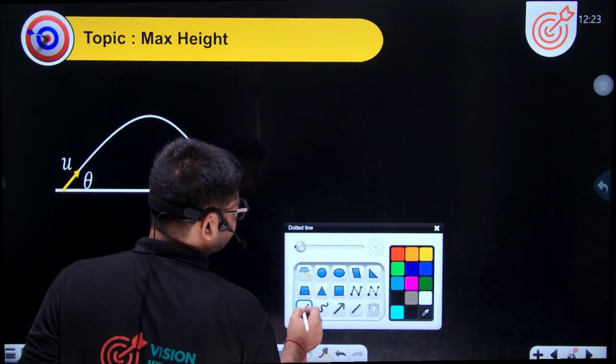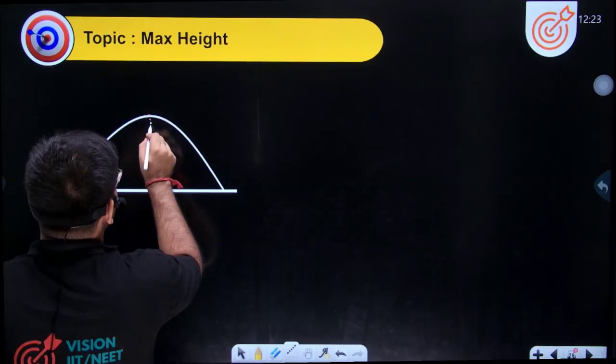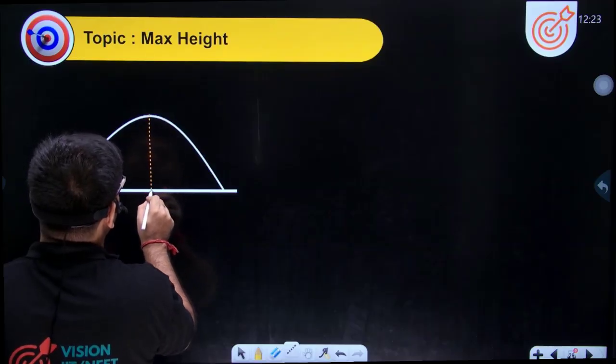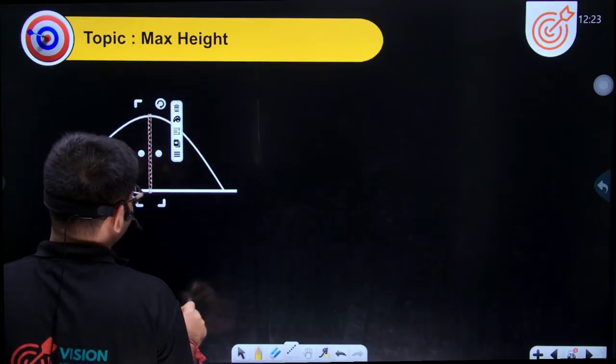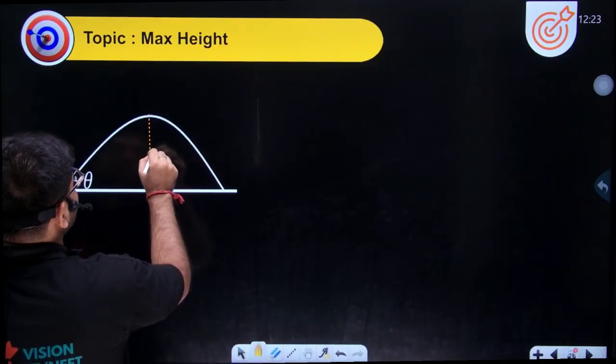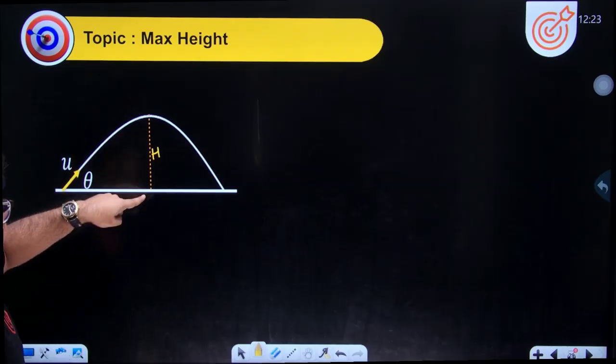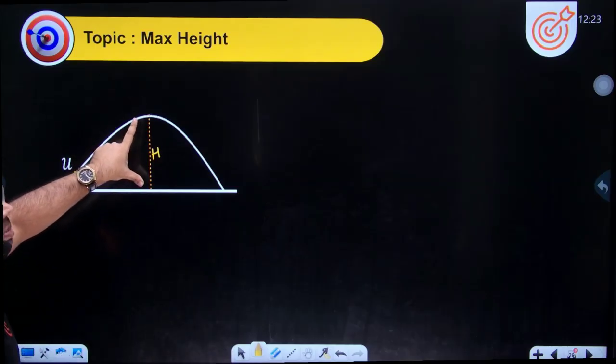What is happening when my height is maximum? What does maximum height mean? I am talking about this. So this is the height h I am talking about. Now what is happening here when it is reaching the maximum height?